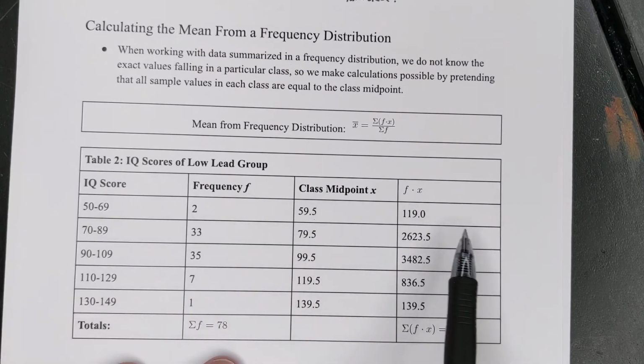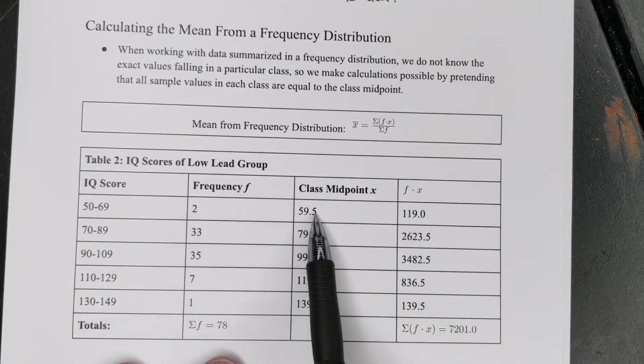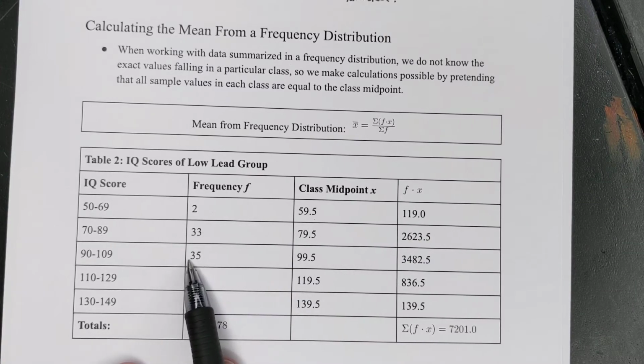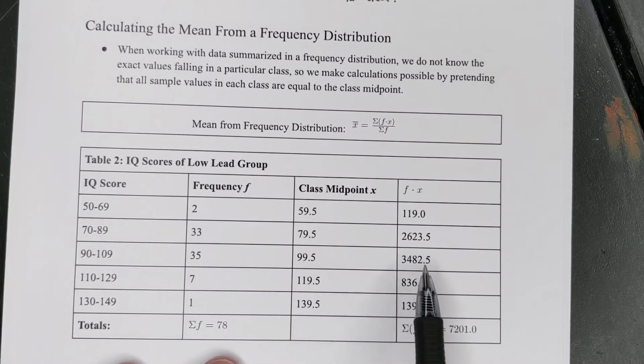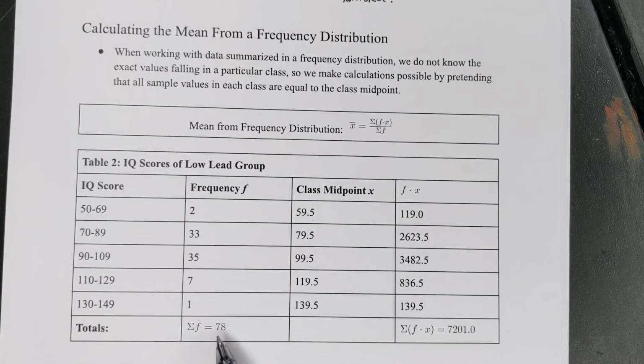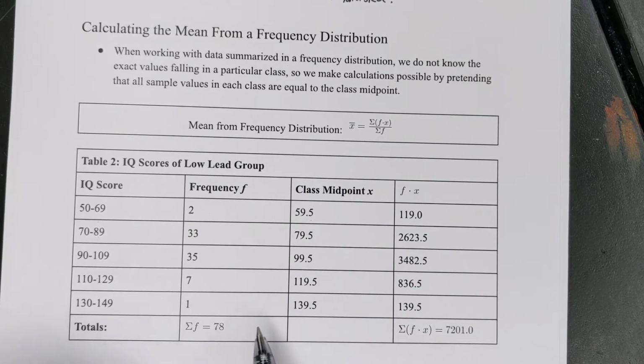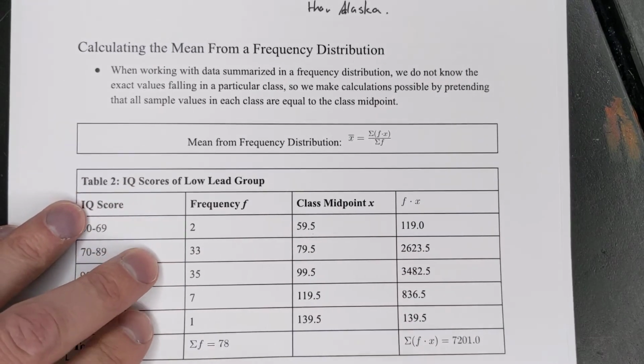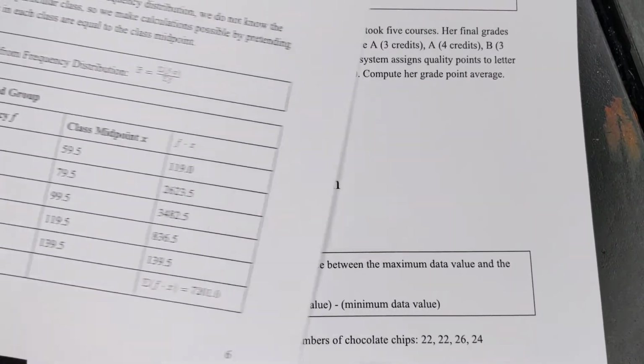So for 50 to 69, it's 119 here. 2 times that number, 33 times that number, 35 times that number, so on and so forth. And then you divide by the total number of measurements you've made. So that's why we keep track over here. So I made 78 measurements. The total over here is 7,201. So to find the average, I would divide this value by 78, which is probably what the next question is going to ask us.